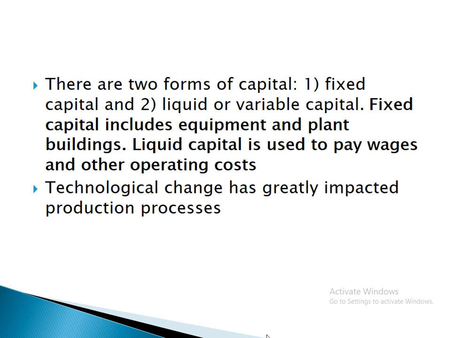There are two forms of capital, fixed capital and variable capital. Variable capital is also called liquid capital. Fixed capital includes the equipment, plants and buildings, and liquid capital is used to pay wages and other types of operating costs. Liquid capital is more mobile than fixed capital. Fixed capital is a primary reason for industrial inertia.